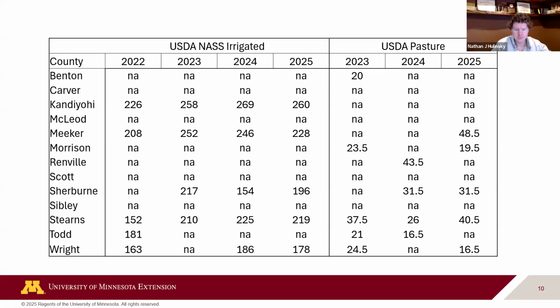The far right side here, we have the last 3 years of pasture rent. Not a lot of pasture rent data on this slide here. It is reported on a per acre basis through the USDA. A lot of farmers, when they rent pasture, rent on a per animal unit basis or per cow calf pair basis.